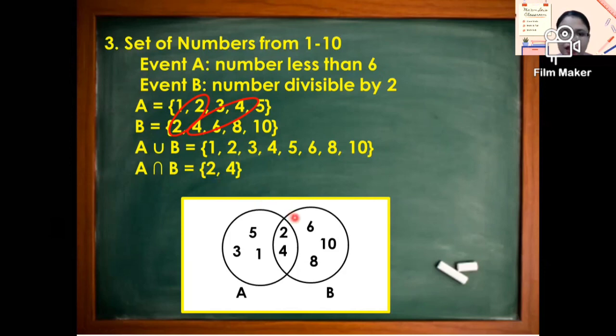Nag-overlap na ang ating two circles, at dito sa gitna, nakasulat yung mga numbers na pareho sa A at pareho sa B. Yung meron si A, meron din si B. So therefore, this one is an example of an event or the intersection of two events. Okay po?